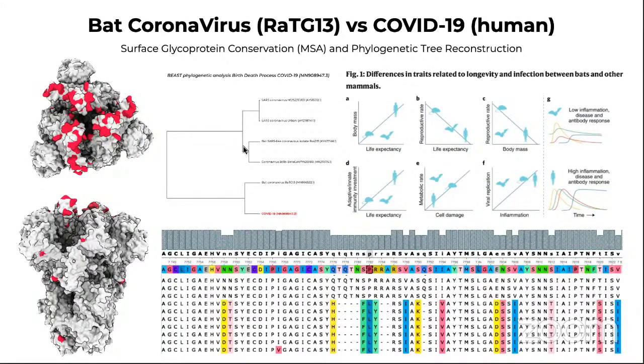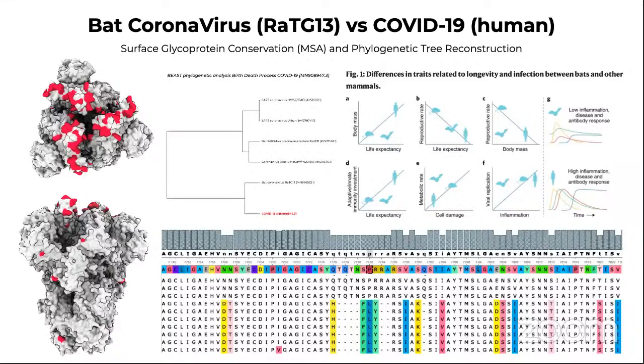But also if we look overall how these relate to other bat coronaviruses and other SARS-like coronaviruses, we can see that there are very specific properties that have been acquired through this transformation. And so one of the questions that was posed in this paper was, what is so unique about bats that kind of puts them in the center of all of these pandemics.